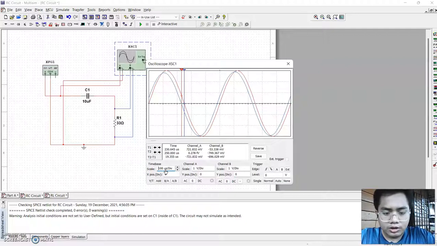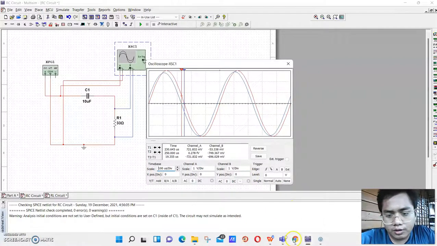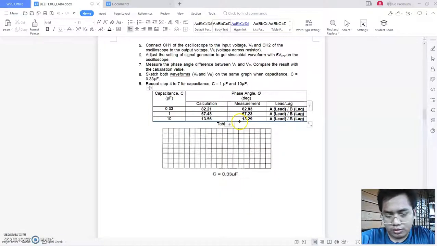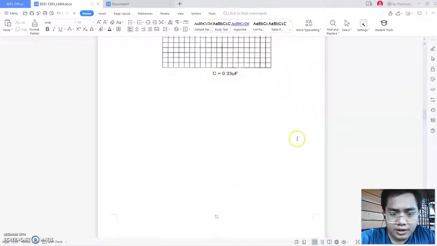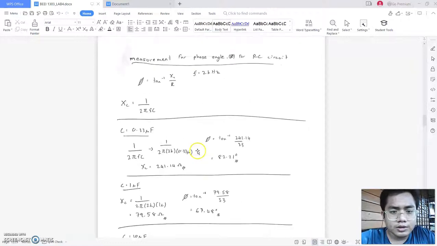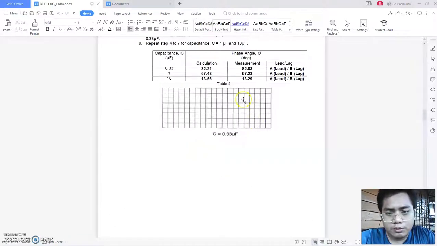So 360 divided by 500 microsecond multiplied by 19.355 microsecond, we get 13.94 degrees phase angle for 10 microfarad. Okay, so this is my calculation for the measurement part.